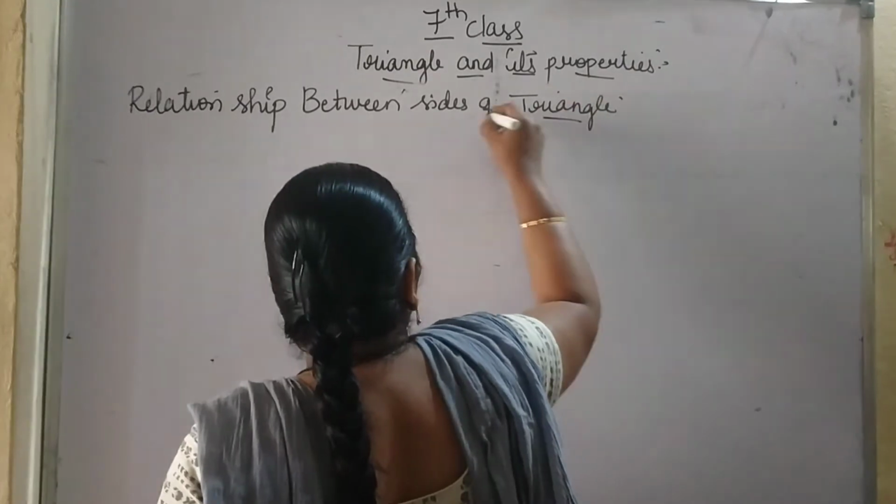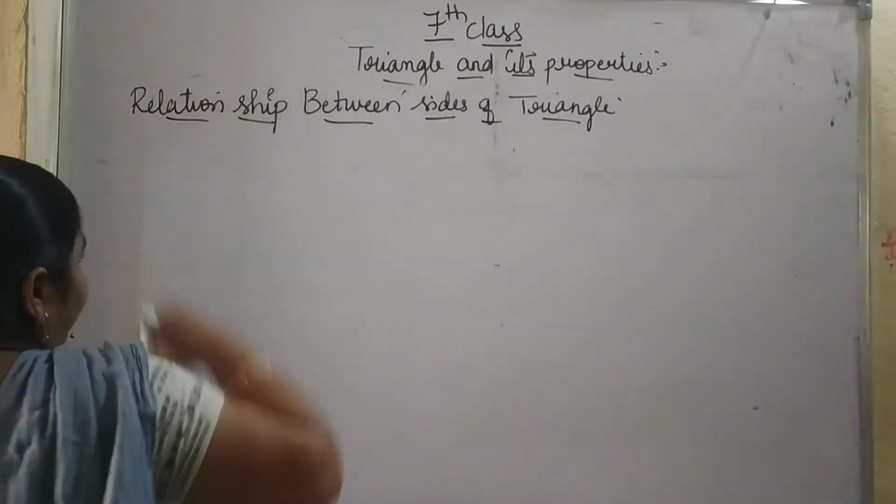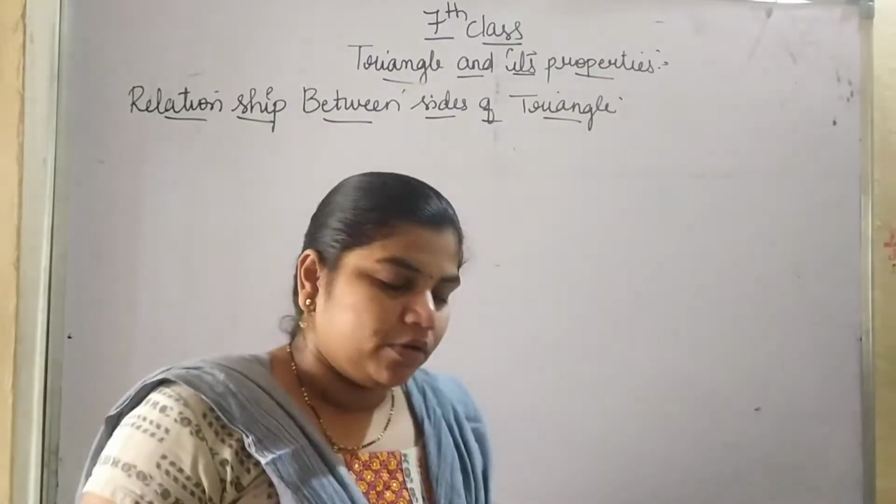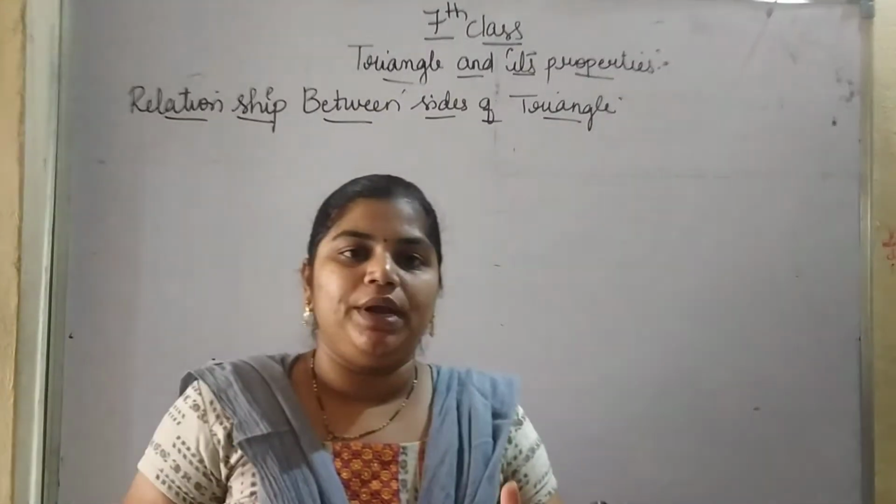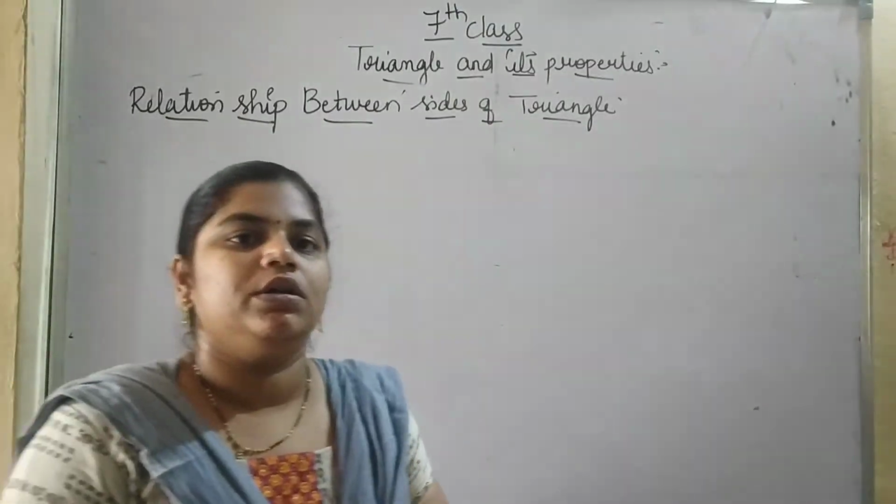What do you mean by relationship between the sides of a triangle? Which type of value should be there to form a triangle? That we are going to learn in this topic.